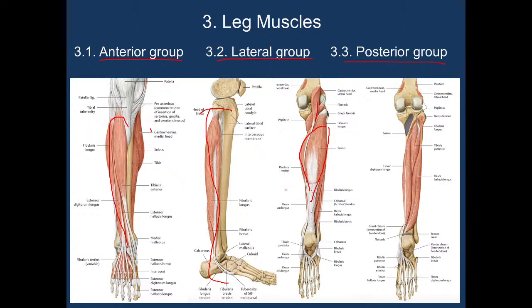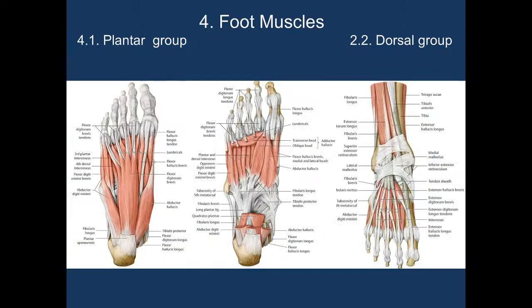Rudimentary plantaris muscle, and three muscles in the deep layer. This is flexor digitorum longus, flexor hallucis longus. Hallux is the first toe of the foot, and between them we distinguish tibialis posterior. It's between the two previous muscles.